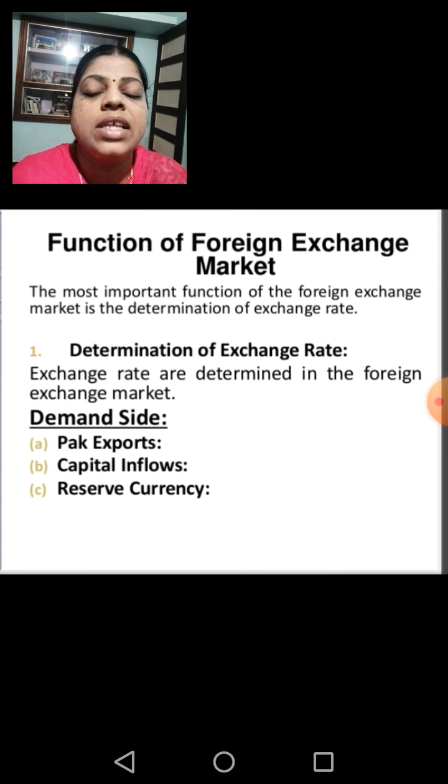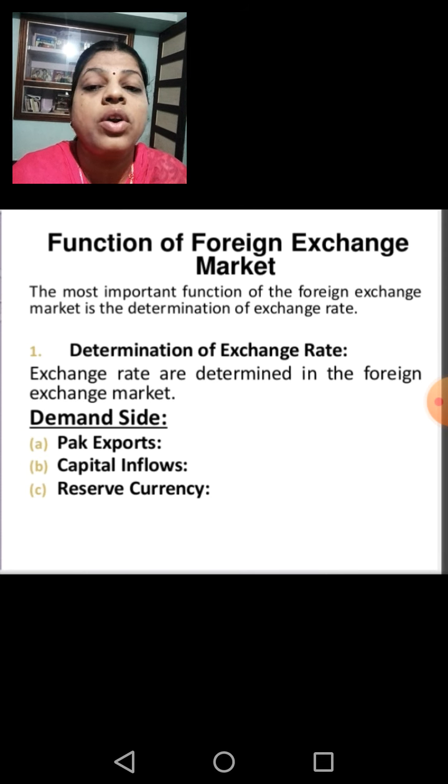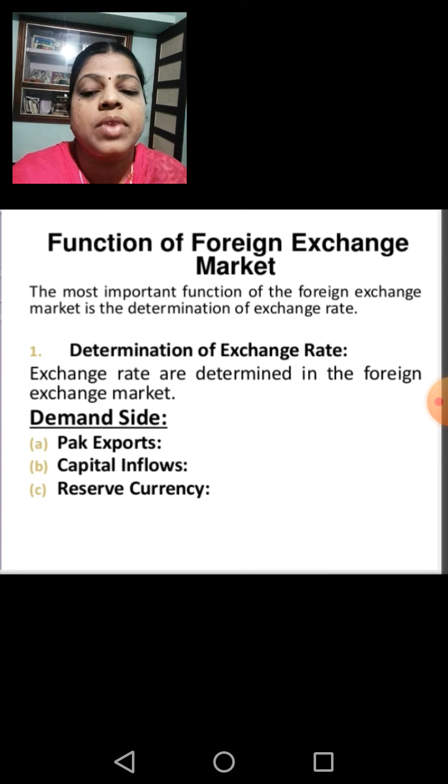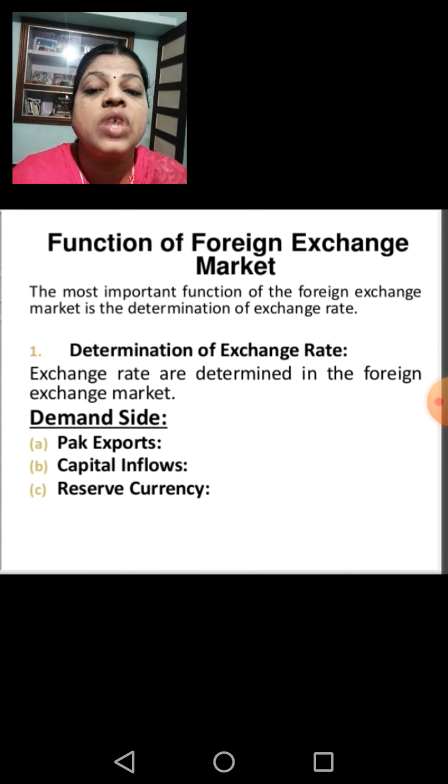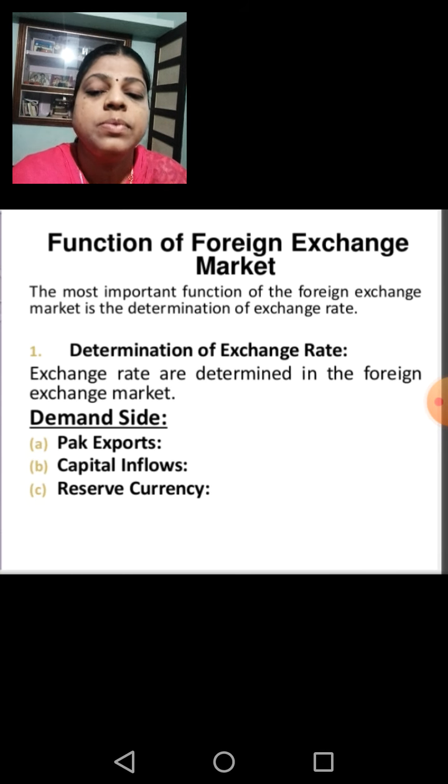So on the demand side, it is given here: Pak exports. Here they have used the country Pakistan as an example. So Pak exports, the next factor is capital inflows, and the next one is reserve currency.